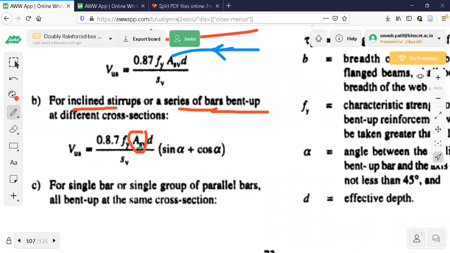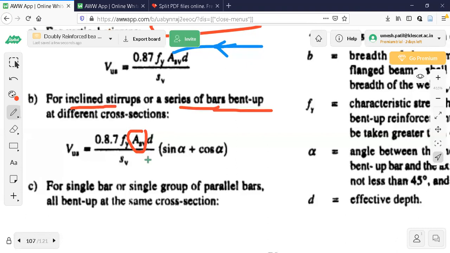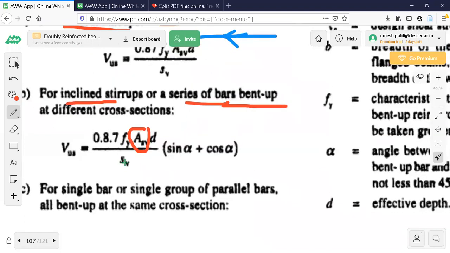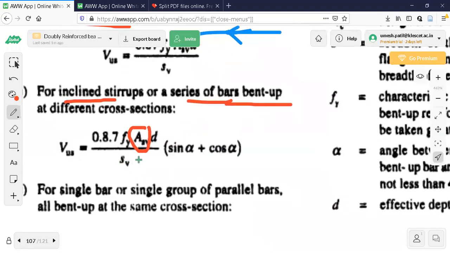This ASV, if the main bar is bent up, is the area of the main bar, whichever bars are bent up. If two bars are bent up, it is 2 into pi by 4 into 12 square. If the stirrups are bent up, then the area of the stirrups must be counted. SV is again the distance between stirrups, the spacing between stirrups.